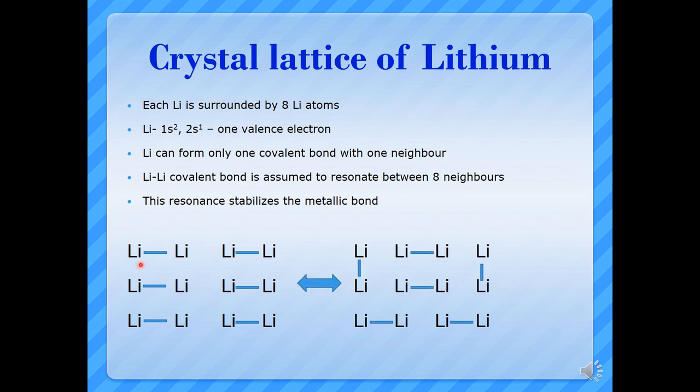The bond between these two lithium atoms is now shifted to these two lithium atoms, as you can see in the second resonating structure. So this type of resonance stabilizes the metallic bond. This is how the valence bond model explains the metallic bond in metal atoms.